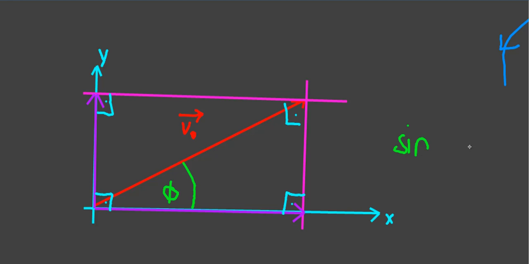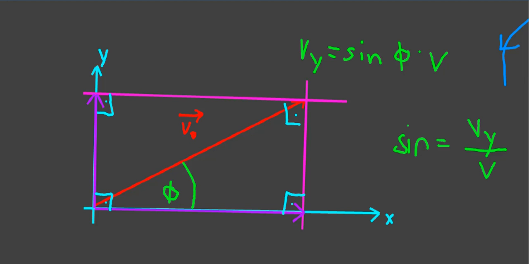So what's this opposite leg? Well, it's the same as this one, because it's a rhomboid or rectangle, however you want to look at it, which is just our velocity in the y direction, and we divide it by our total velocity. And that's where I got the formula from for our velocity in the y direction, which was just sine of theta times our initial velocity.